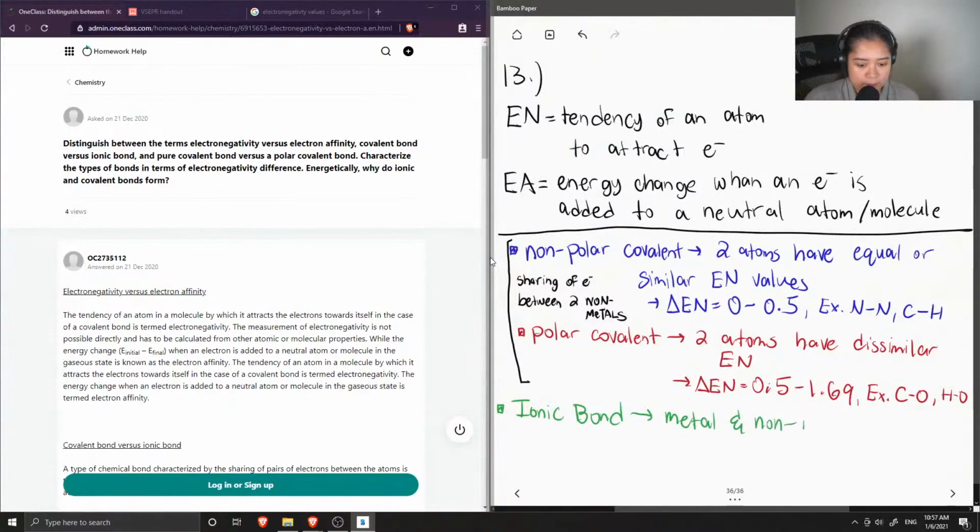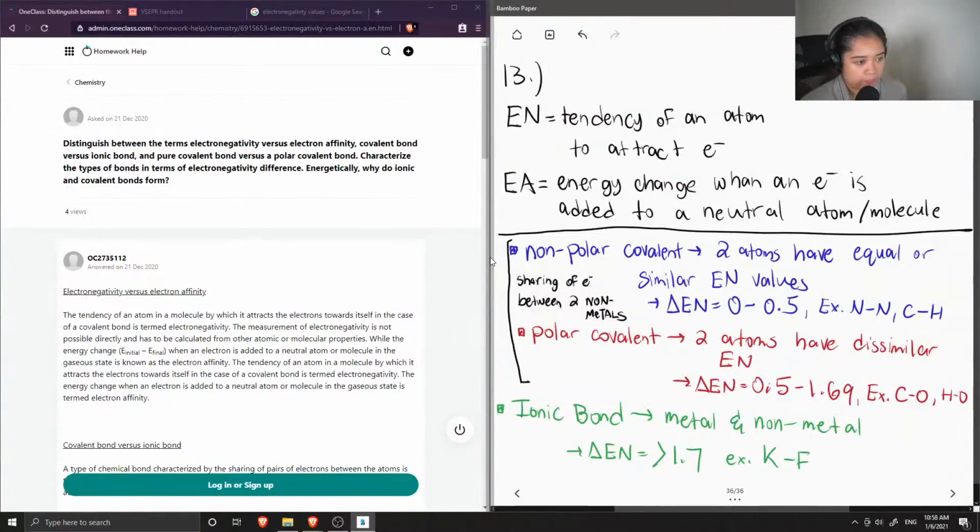So the minute you see a metal involved in the bonding, you already know that it is an ionic bond. And in terms of the electronegativity difference in an ionic bond, it is typically greater than 1.7. So an example would be potassium fluoride.